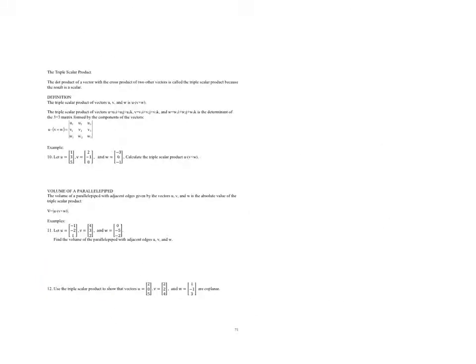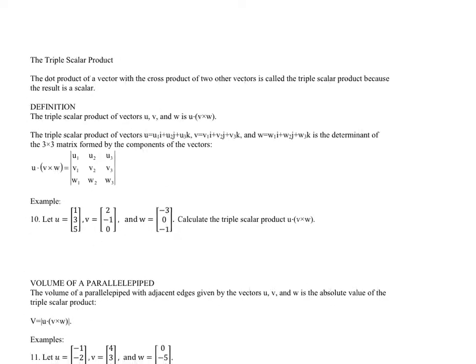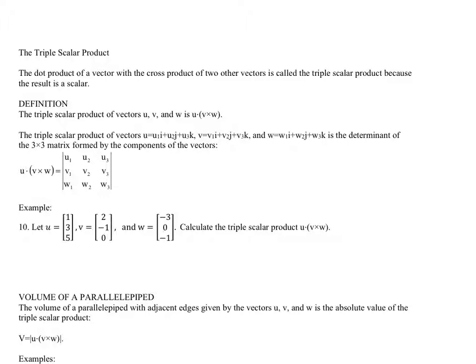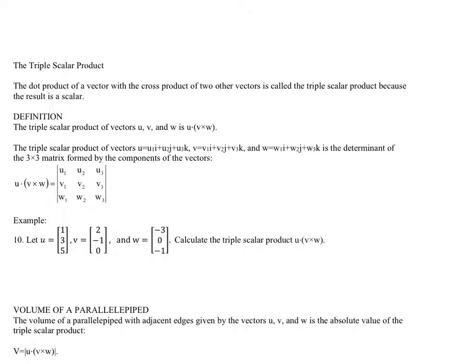So then we get to the triple scalar product. Very, very intimidating sounding term. It sounds like just taking terms from the course and throwing them together at random. Triple scalar product. Nah, he's just making stuff up now.